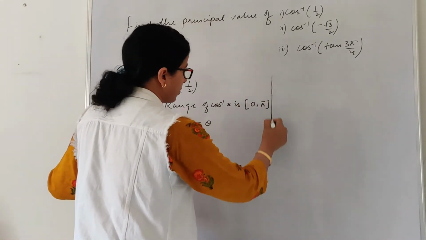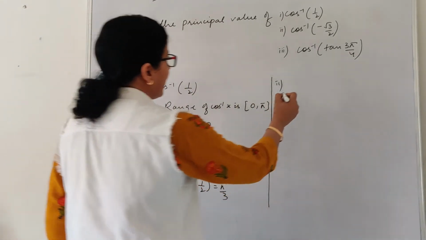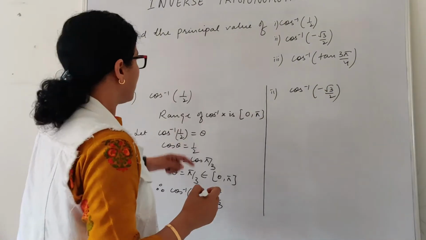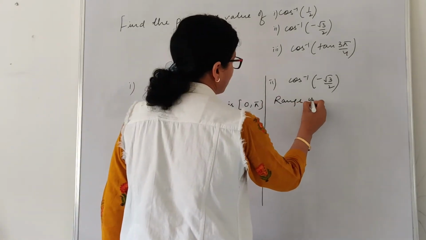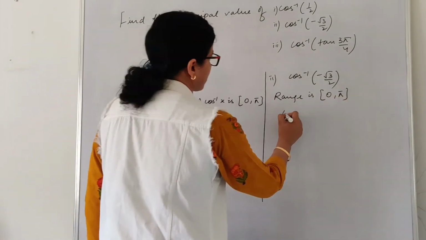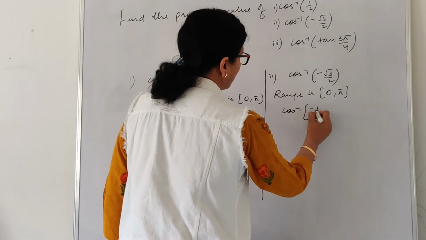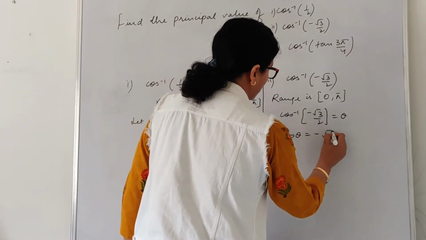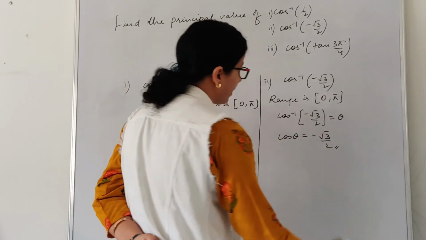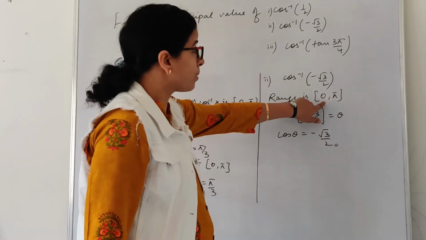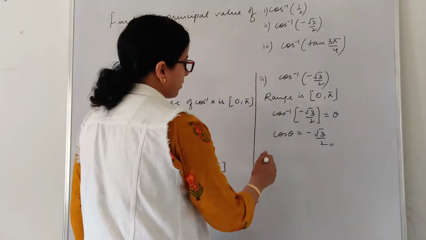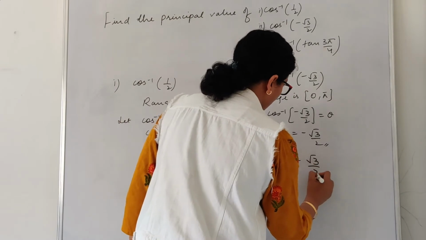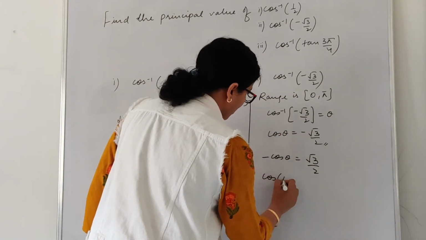Now check the next part. If I am talking about the second part, I have cos inverse minus root 3 by 2. Again, what is my range? Range is the closed interval 0 comma pi. So cos inverse of minus root 3 by 2 equals theta, so cos theta is equal to minus root 3 by 2. Now, because we are talking about 0 to pi, you can write minus cos theta is equal to root 3 by 2, and here you can write cos of pi minus theta.